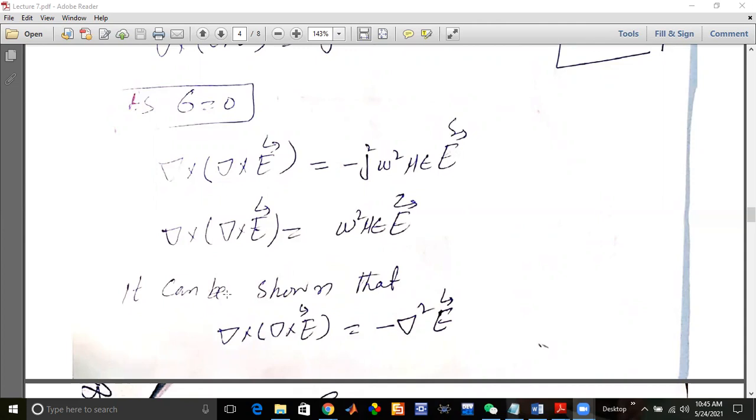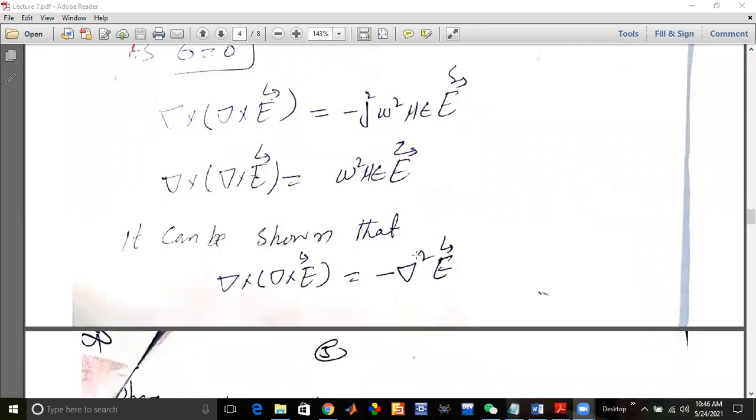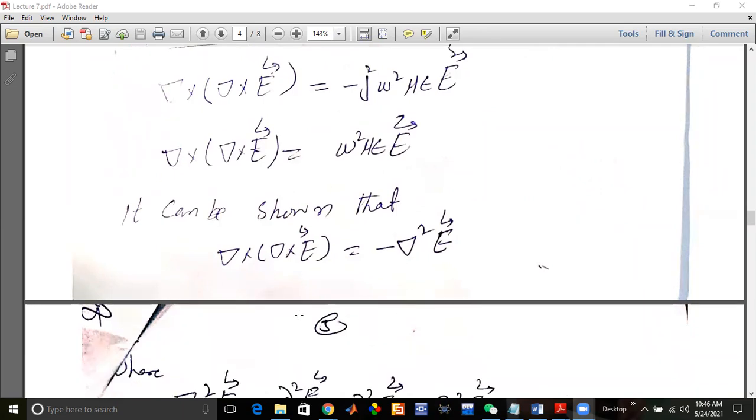So in EMF we study that the curl of curl of E is equal to minus del square E. This is an operator with us, and this operator squared acts on E. And what is this operator? We will define it here.